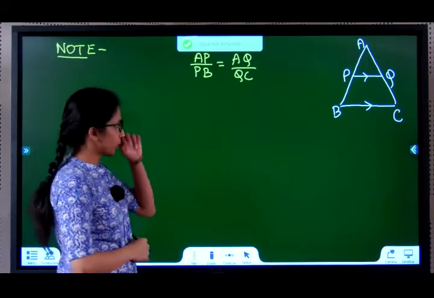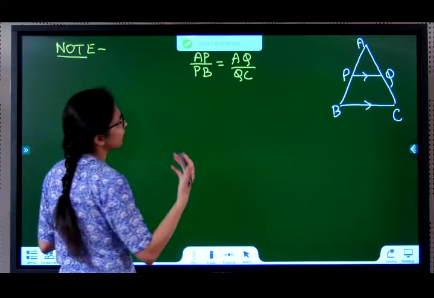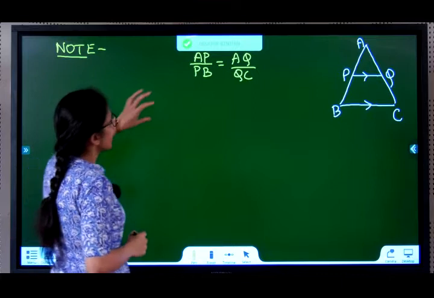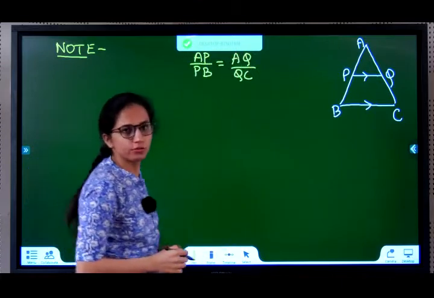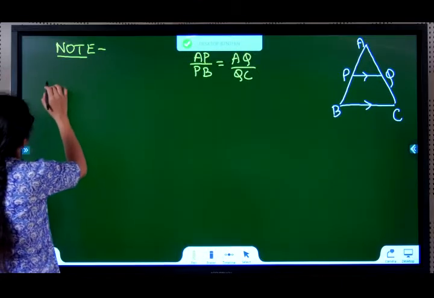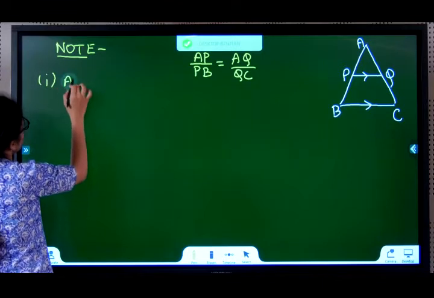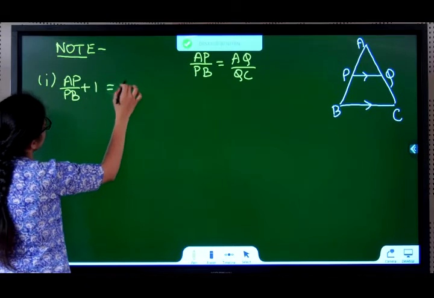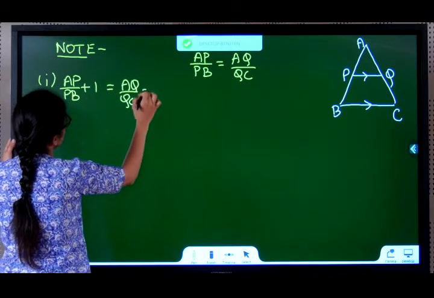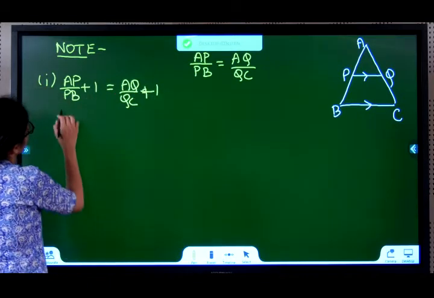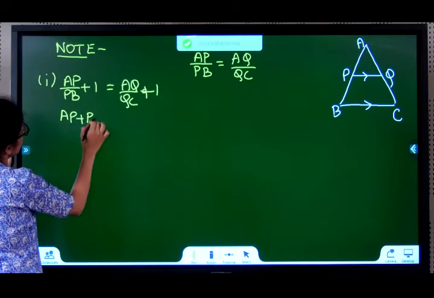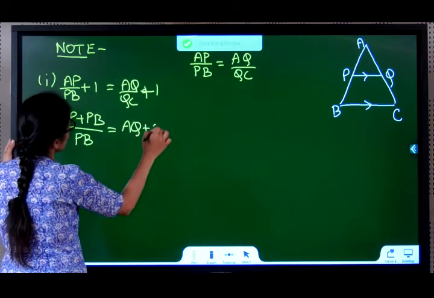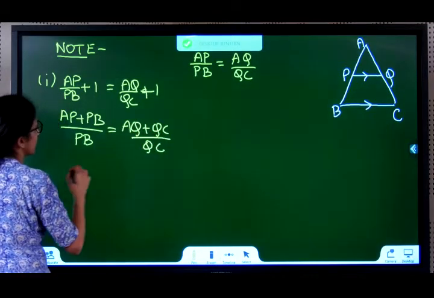So, I am now going to show you an extended proof that we will be commonly using in the problems. I will be using it directly. Look here, AP by PB is equal to AQ by QC, agreed? So, first note, AP by PB, add 1 on both sides. This becomes AP plus PB divided by PB is equal to AQ plus QC divided by QC.